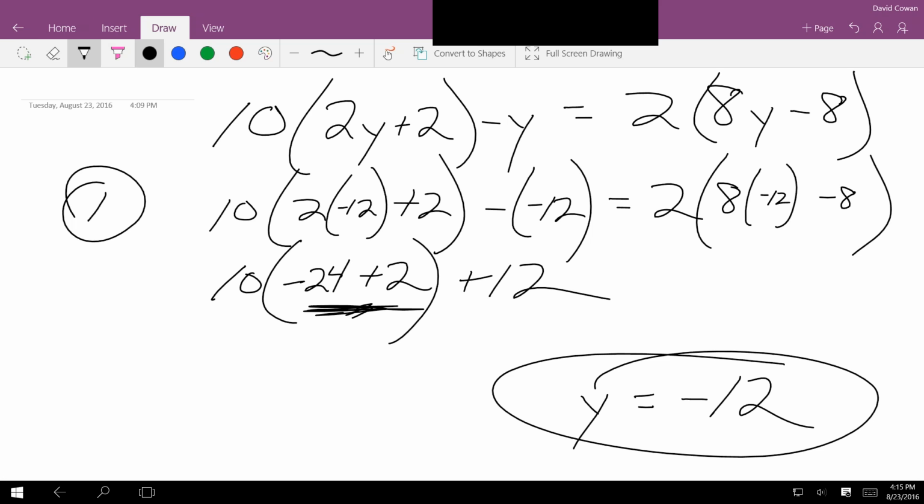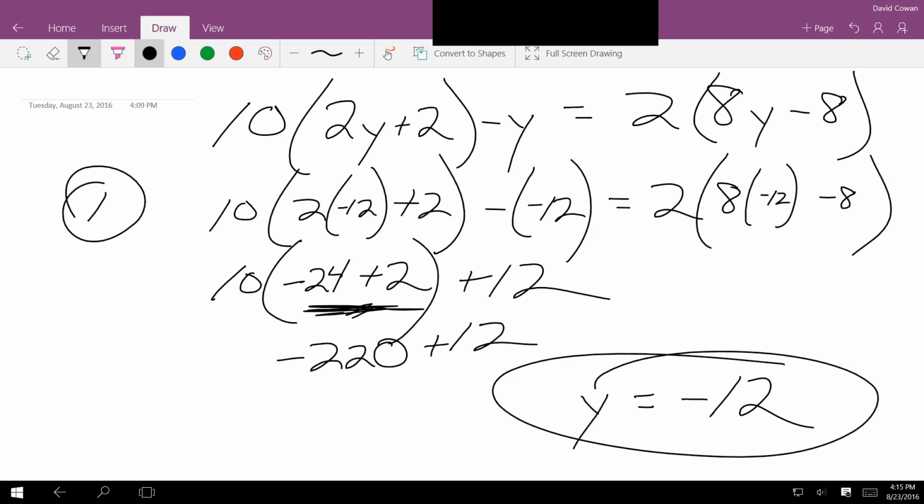Times 10 is negative 220. When you're multiplying a number by 10, you just add a 0. Okay, plus 12. We still have that plus 12. Negative 232. No. What's negative 220 plus 12?